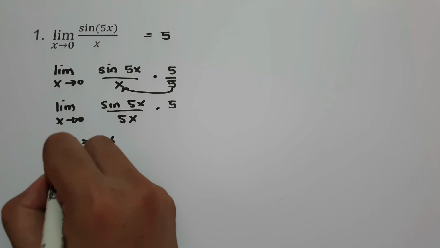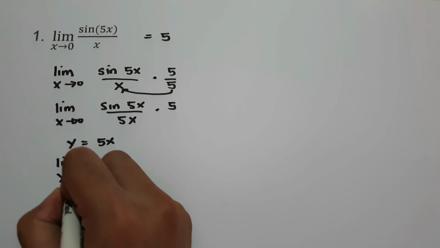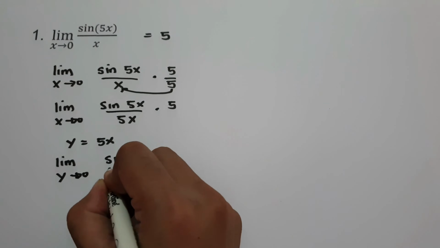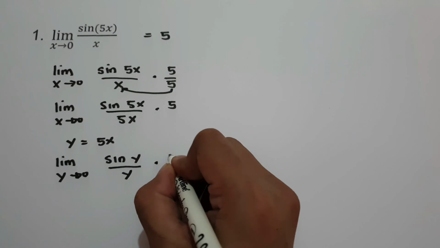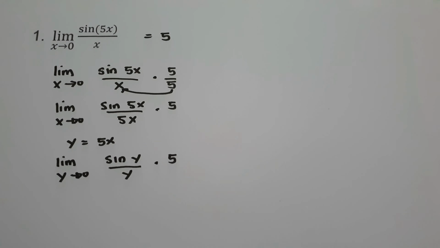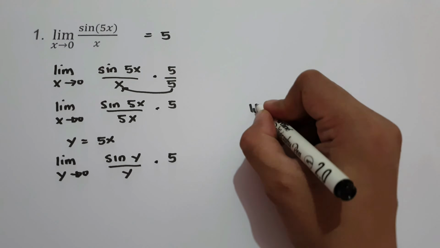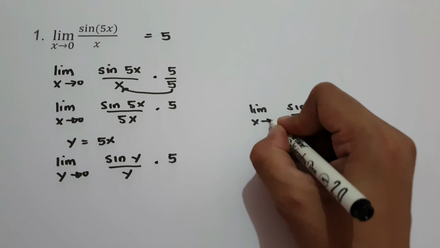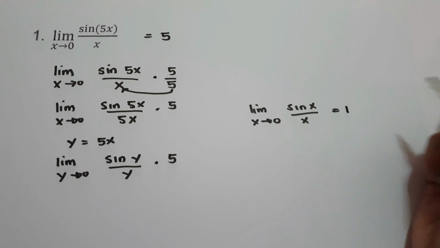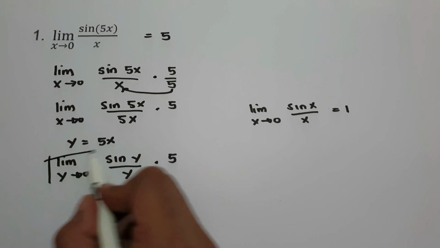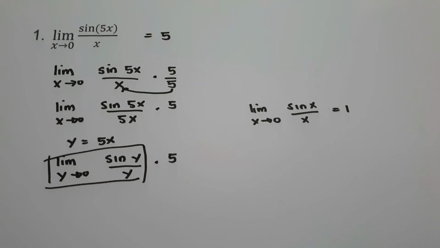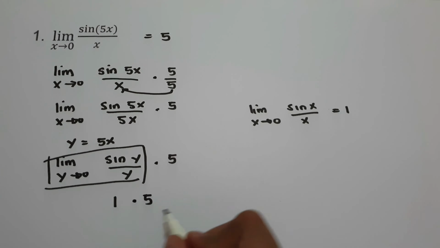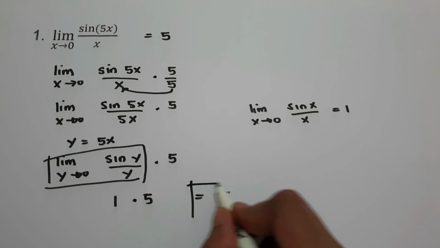Therefore, we are going to have the limit as y approaches 0 of sine y over y times 5. And we all know that the limit of sine x over x as x approaches 0 is equal to 1. Therefore, this expression is equal to 1 times 5. So 1 multiplied by 5 is 5, and this will be our answer.